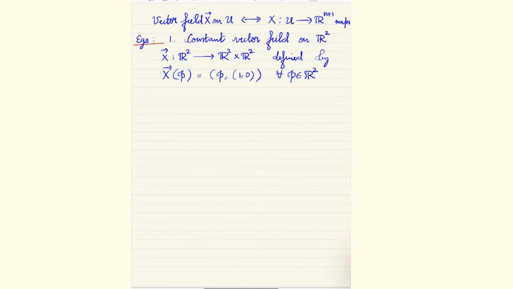So it's a constant. What is constant here? The associated function X from R^2 to R^2 is constant: the constant map, P going to (1, 0) for every P. So X of P is constant here for all P.